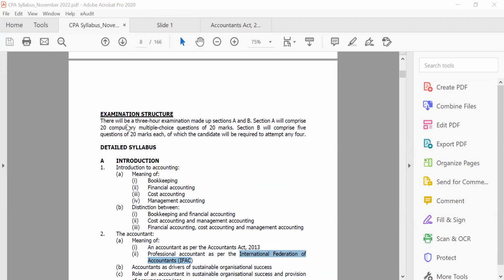We operate benchmarking on the International Federation of Accountants, the body which regulates accountants at a higher level, okay?